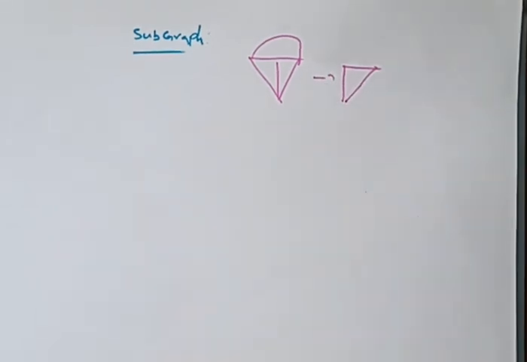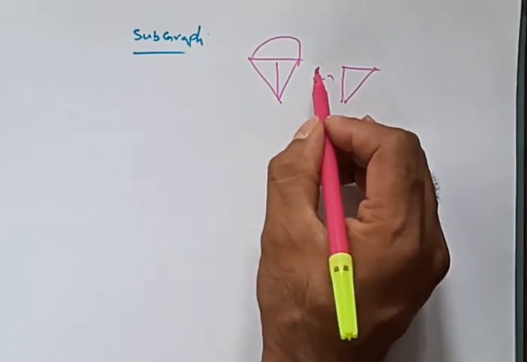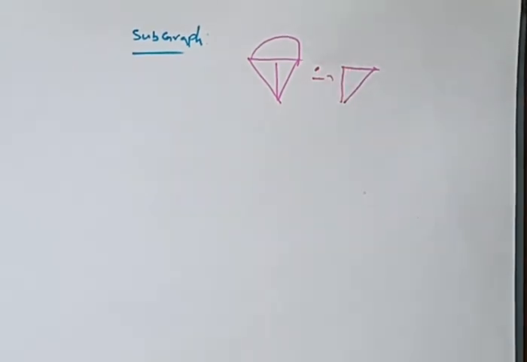So we get subgraphs by removing some nodes and some branches of a given graph. So the number of branches and nodes of a subgraph will be always less than that of the original graph. That means we can say this is a subset of the original graph.